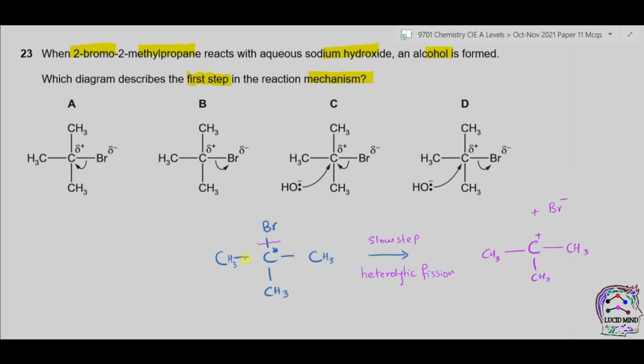Now this can only happen when carbon is partial positive charge, as it is attached with electronegative bromine. Now the shared pair of electron is actually taken by bromine in heterolytic fission.